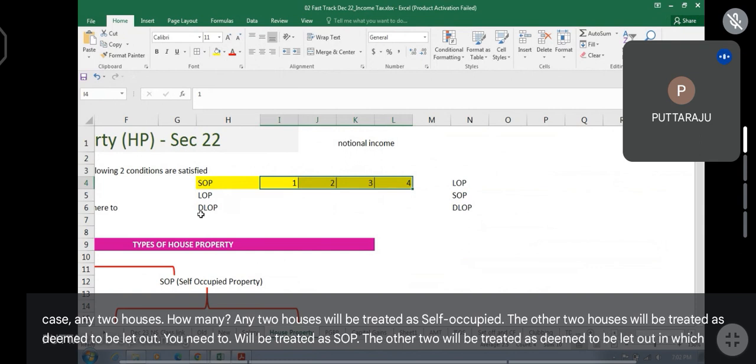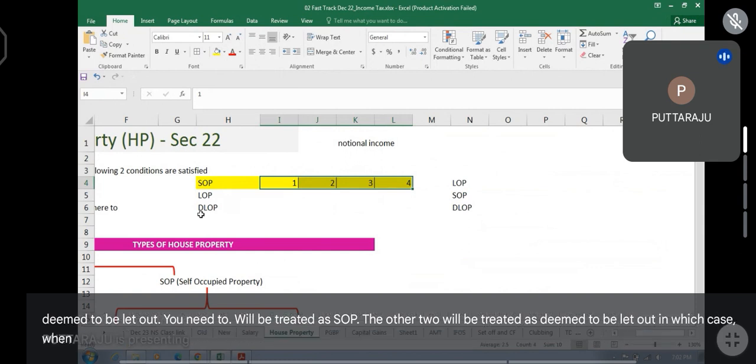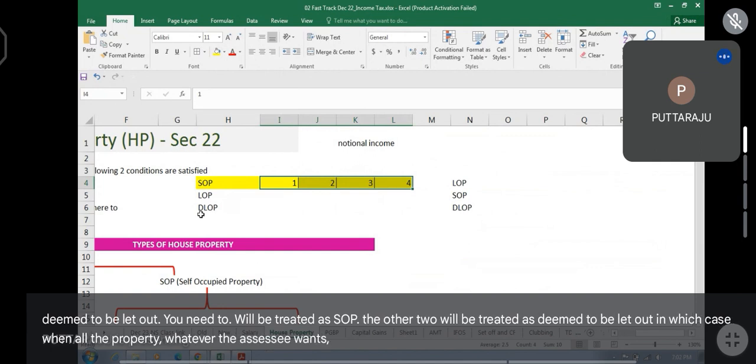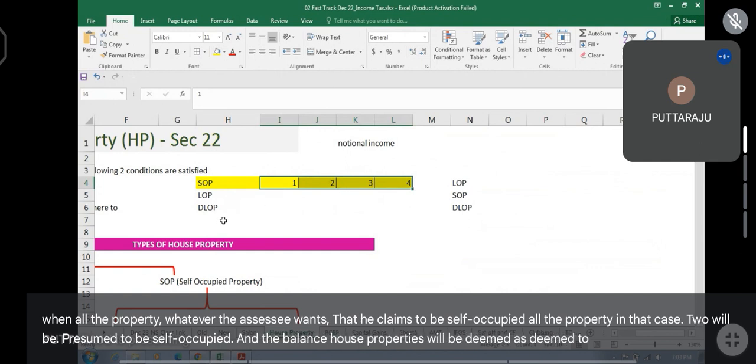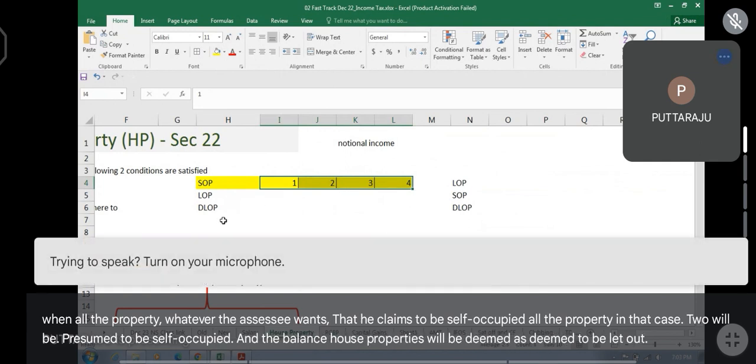In which case, when all the property the assessee owns is claimed to be self-occupied, 2 will be presumed to be self-occupied and the balance house properties will be deemed to be let out. Any confusion in this?